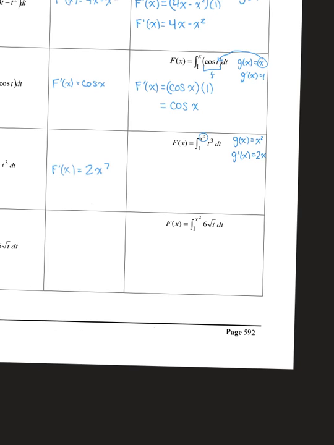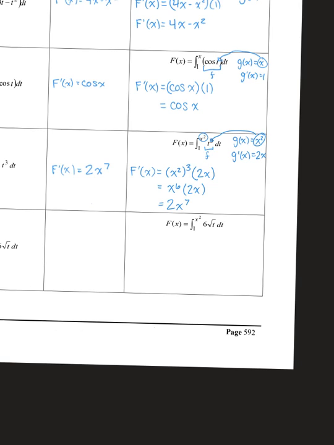Okay, so if this is our f, we are going to plug in the x squared in for t there. So to find f prime, it is x squared cubed times g prime, which is 2x. So if you have a power to a power, you multiply, so you get x to the 6th times 2x, which ends up being 2x to the 7th.